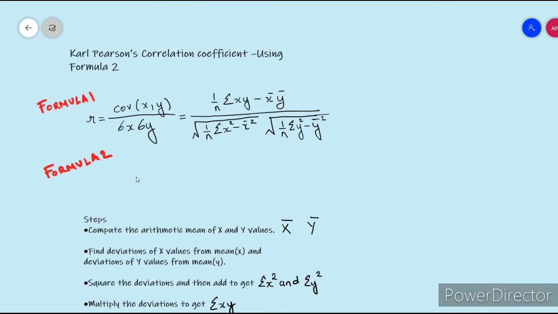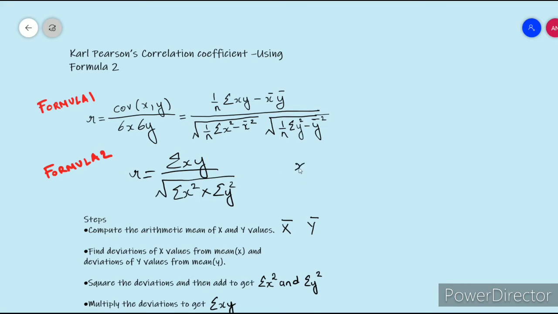and what we get is R equal to summation xy divided by the square root of the product of the sum of squares of x and the sum of squares of y.